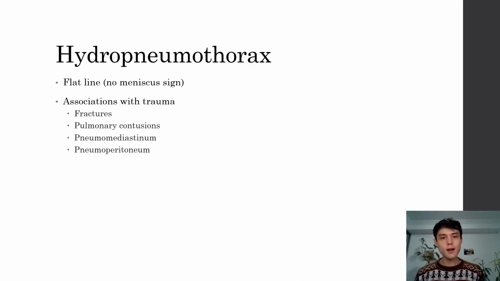So in summary, in hydropneumothorax, you see this flat line, unlike a curved line in the meniscus sign. And when you have a history of trauma, you've got to be looking for various associations, including fractures, pulmonary contusions, pneumomediastinum, air in the mediastinum, or pneumoperitoneum, air in the abdominal cavity.